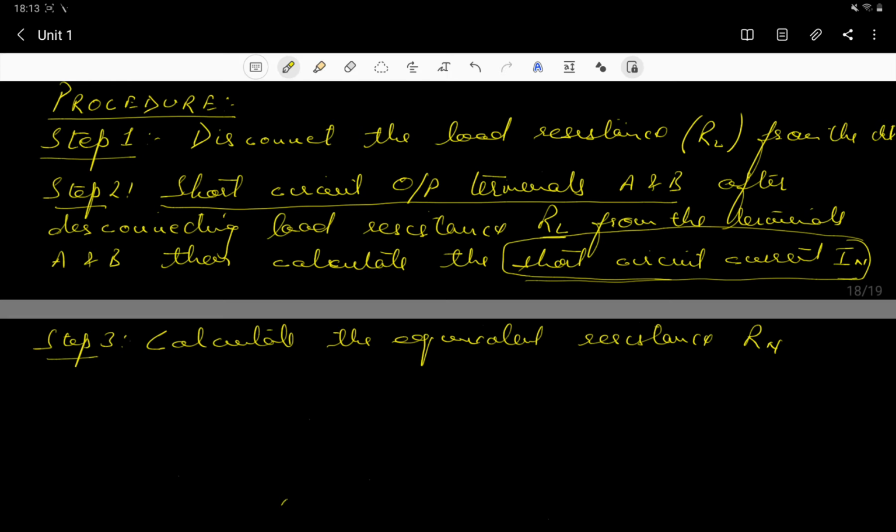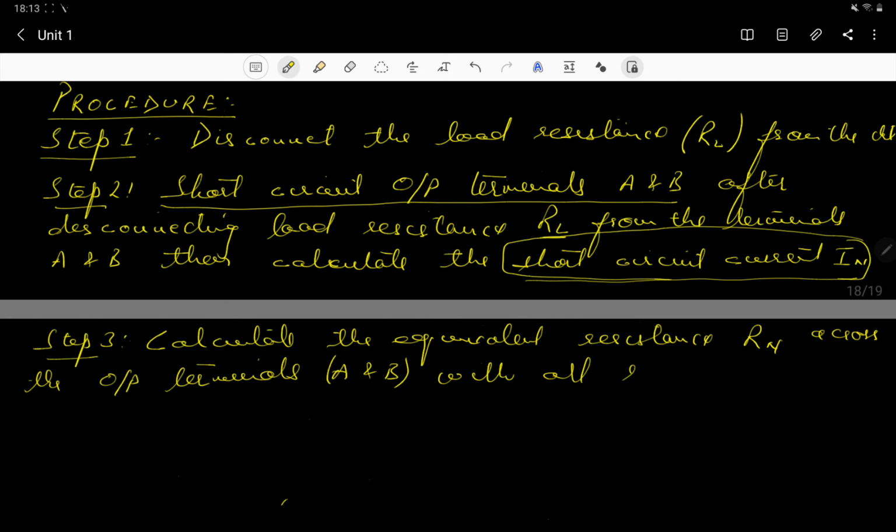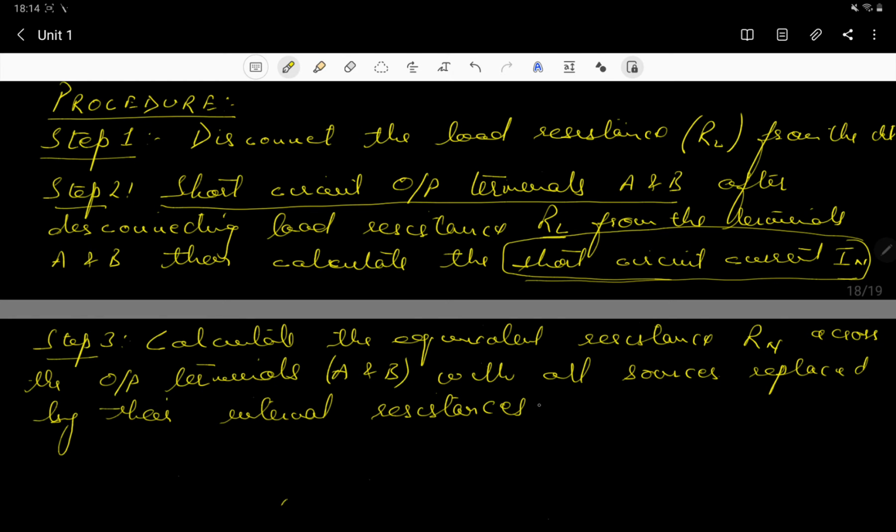Both RTH and Rn are the same. Calculate it across the output terminals A and B with all sources replaced by their internal resistances. So this is step number 3.